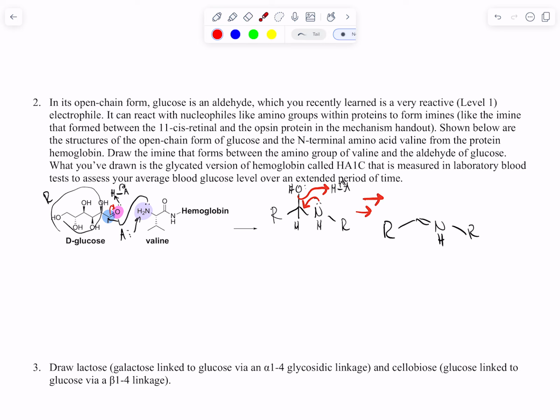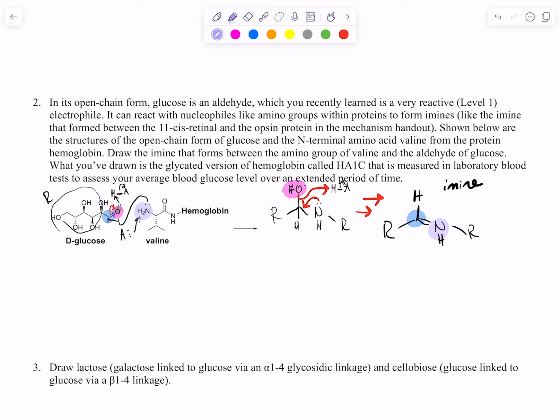So yeah, this is what happens when your blood glucose level is high enough that hemoglobin starts to form an imine. And just to recall, the imine functional group is the carbonyl carbon, where the oxygen of the aldehyde ends up leaving as water, and then the nitrogen of your nucleophile ends up in place of that carbonyl oxygen.